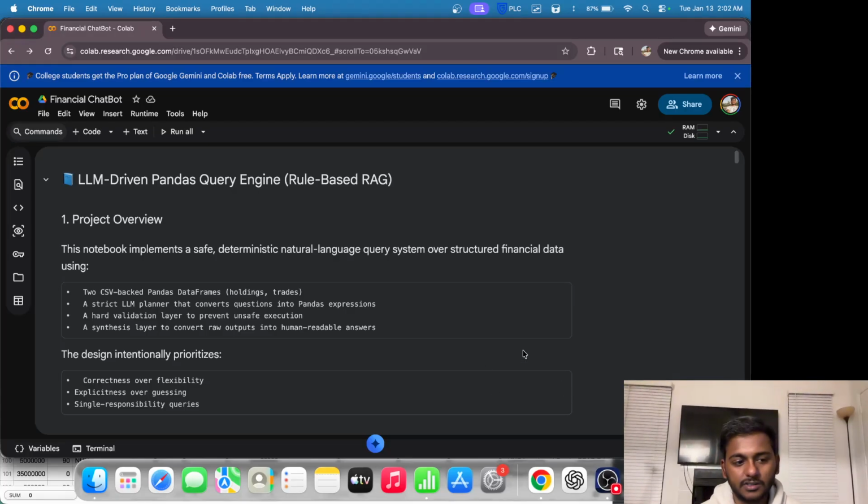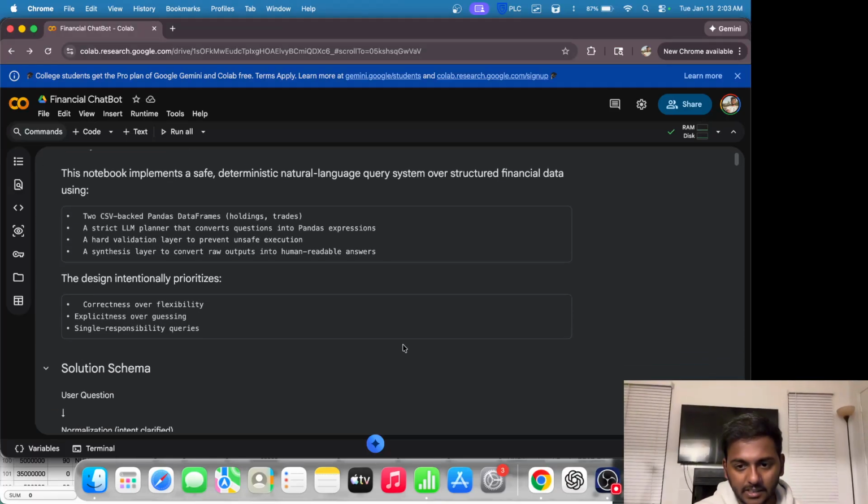So this project solves a very common problem with LLM based analytical systems, which is letting users ask natural language questions on structured financial data without sacrificing safety or correctness.